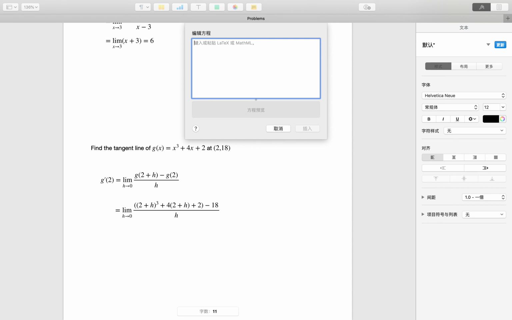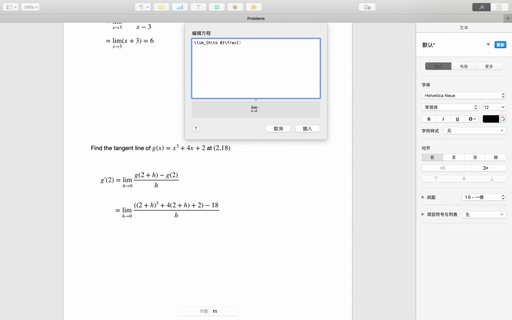So we still need to expand and simplify the numerator of the limit. So the limit as h approaches 0 of 2 plus h cubed.